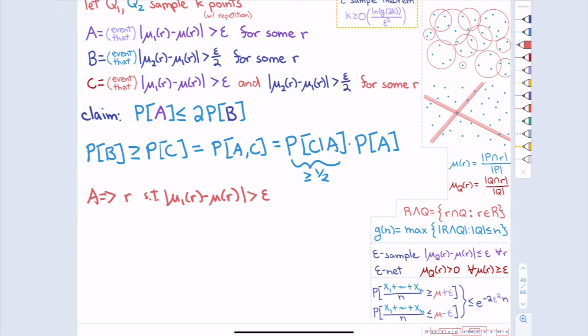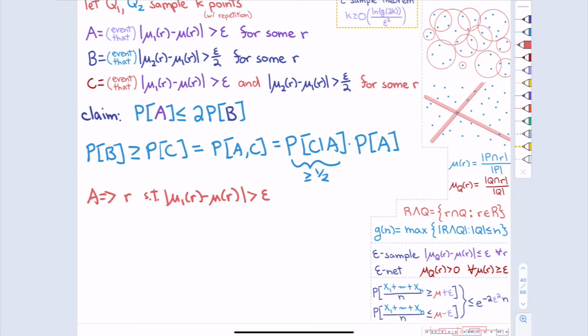Absolutely, let's make this clear. When I say C given A, C could be for any R. A has already happened, so there's some R associated with A. And now, what are the odds that C happens, which could happen for any R?